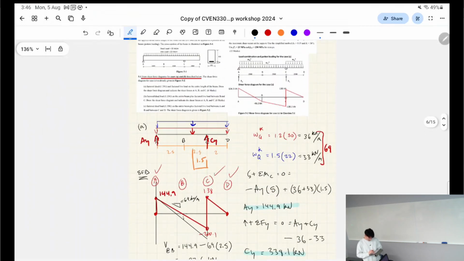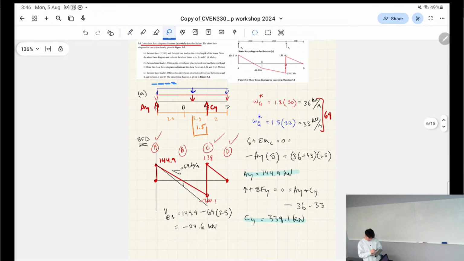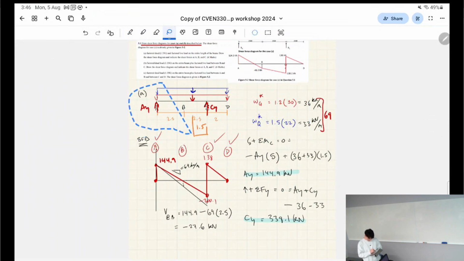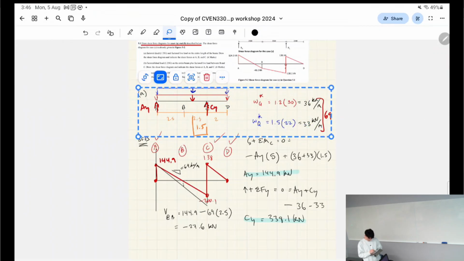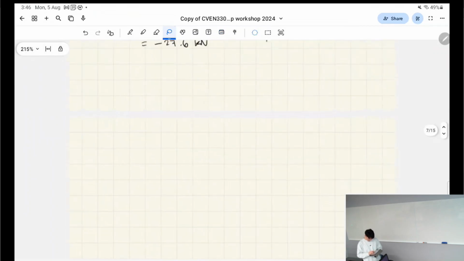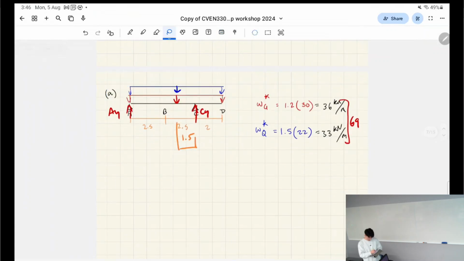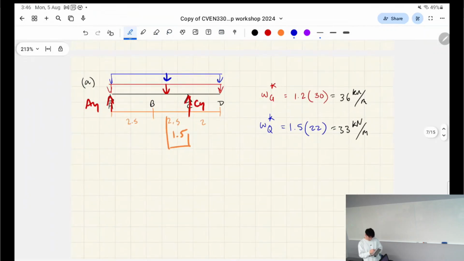All right, so case B, let's copy this over. We can't consider the live and dead loads together anymore, so we can't use 6.9 because they're not loaded in the same way.